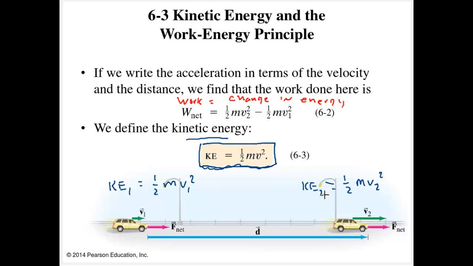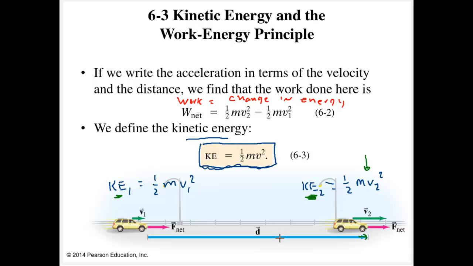And we would say, I know that velocity 2 is greater than velocity 1, so it makes sense that I have more energy over here than I did over here. That jives with what we would expect, because we're applying some force in some direction. We know that we have done some positive amount of work to this car.